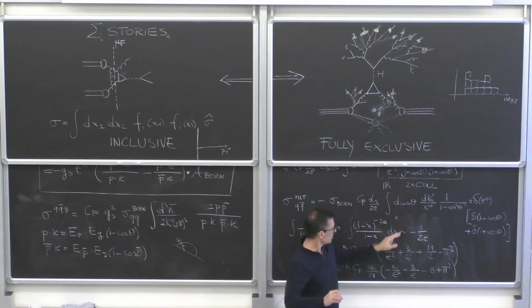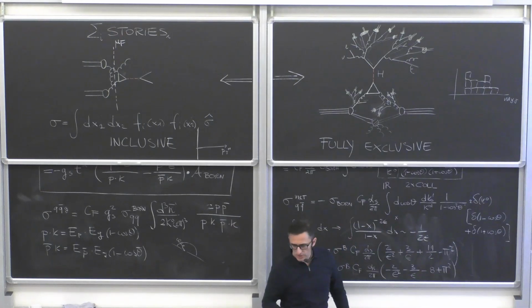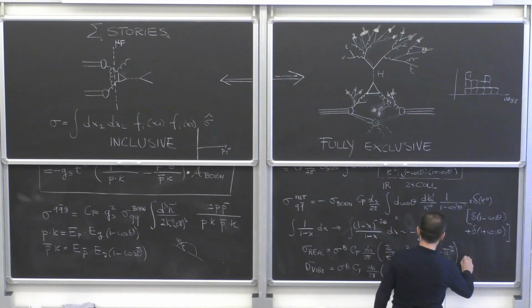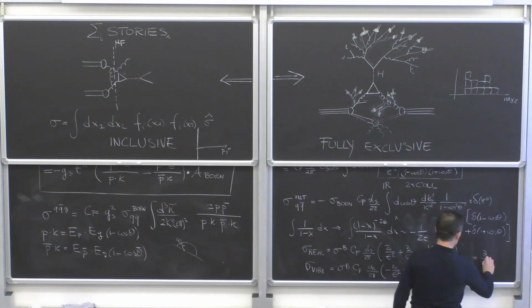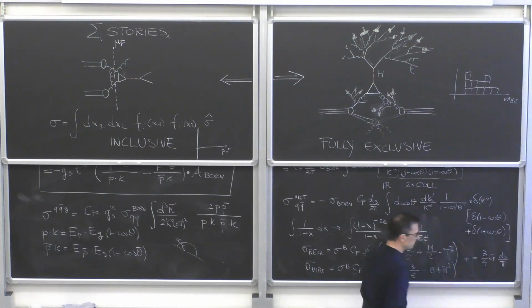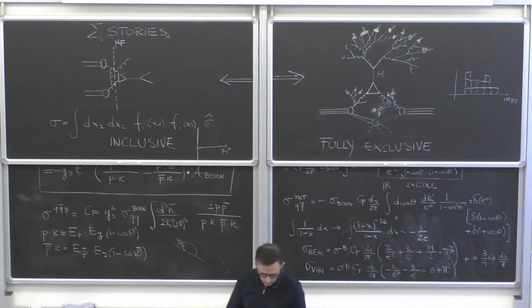Then these are either collinear or soft. And then you have finite terms. And the result is that the sum of the two gives 3/4 C_F alpha_s over pi, which is a famous result.